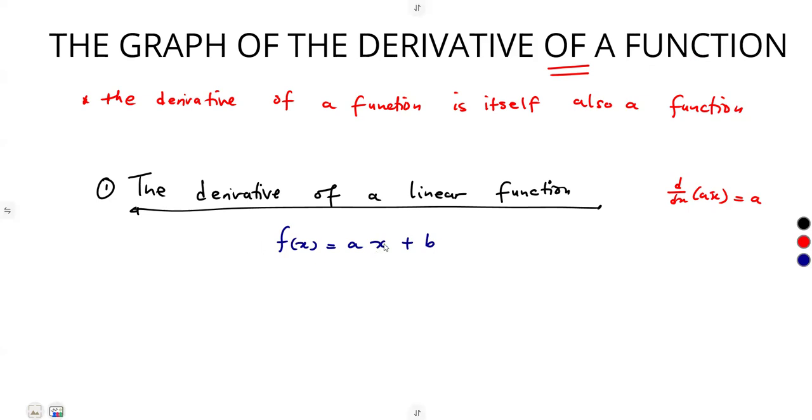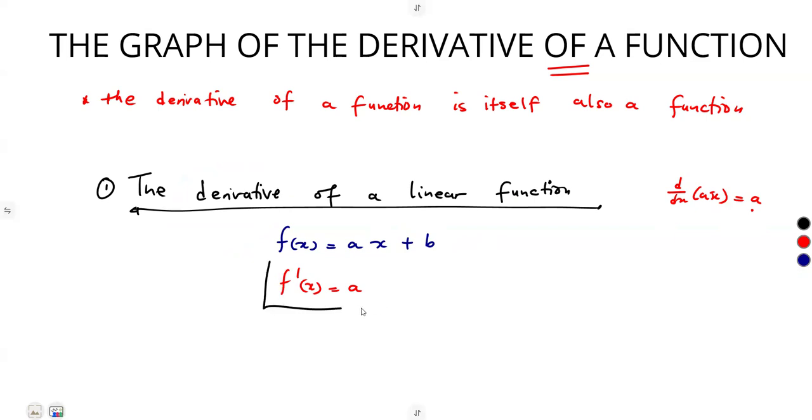This is your function. What about its derivative? The derivative of this is going to give us what? ax, remember, gives us a. The derivative of a constant is 0, so there is nothing here. So it is equal to a.